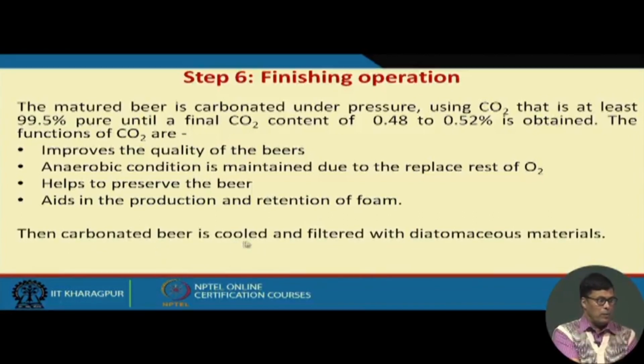Then the carbonated beverage is cooled and filtered with diatomaceous earth, because let me point out, sometimes we find some kind of fine particles present in the beer, and this is removed by using a filter aid.